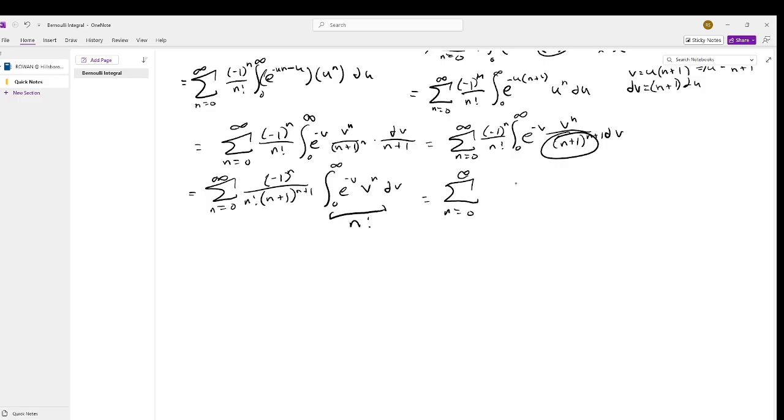So what we're going to get is this summation, with a horrible infinity once again, of n factorial divided by n plus 1 to the power of n plus 1 times n factorial. These n factorials are going to cancel. And what is this? This is an alternating series, so using technology, we can approximate the solution.